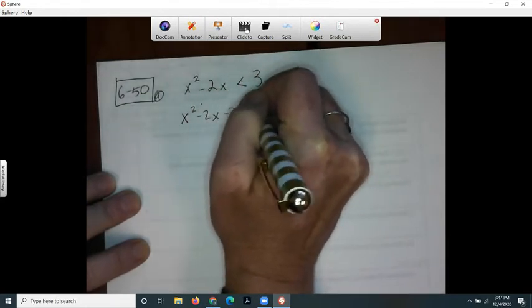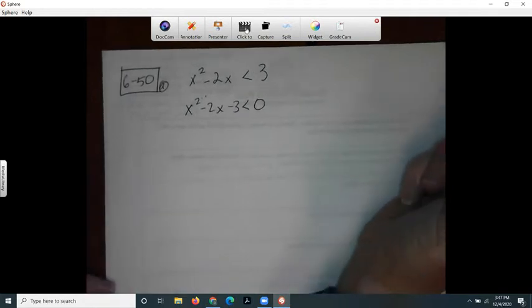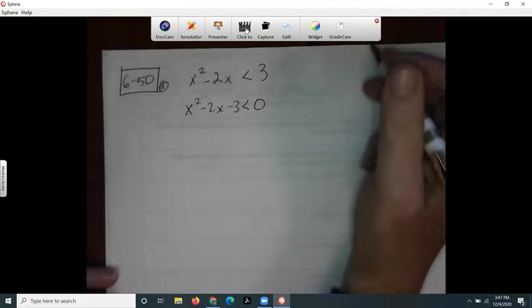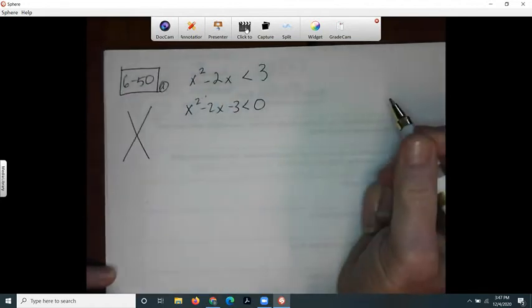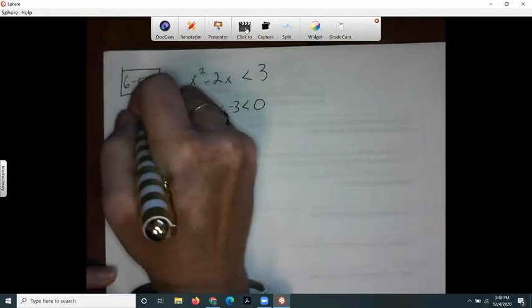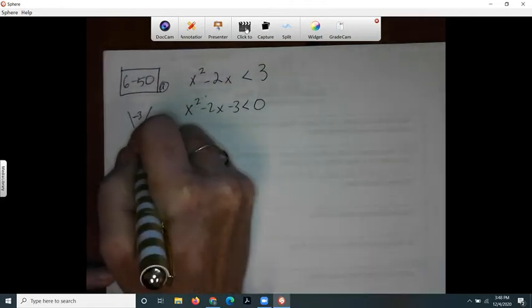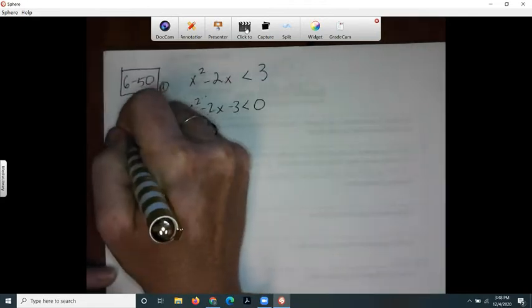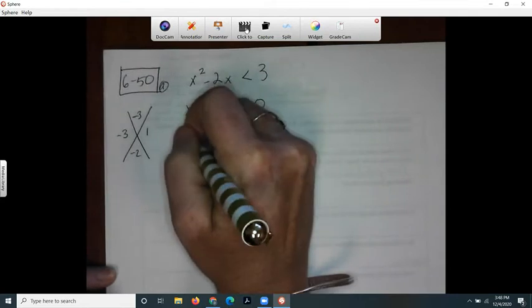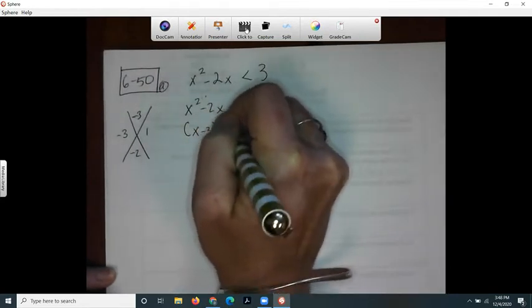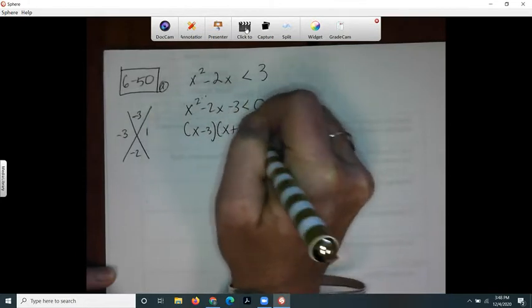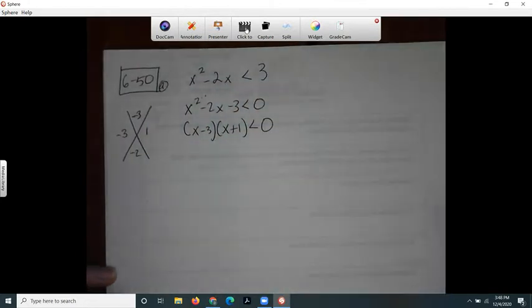Okay, we're solving for x. Diamond problem: looking for something that multiplies to make -3 and adds to make -2. 3 times 1. Your first step in these is to factor.